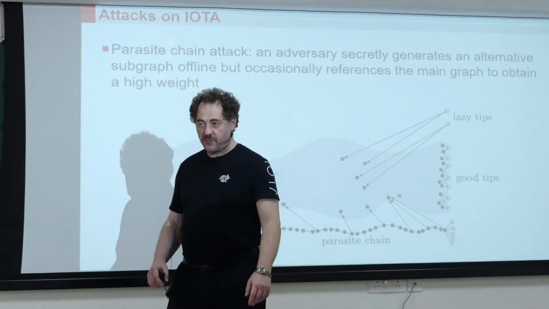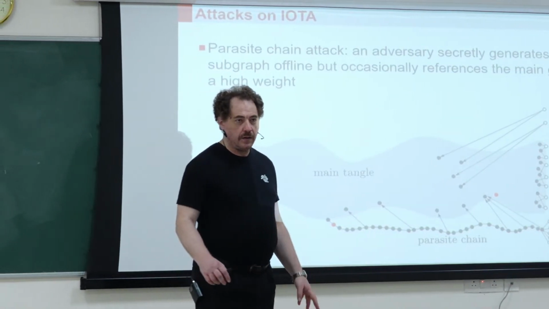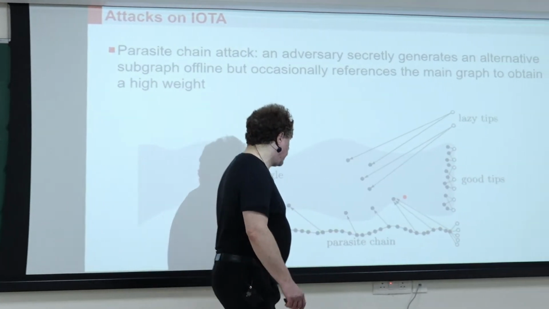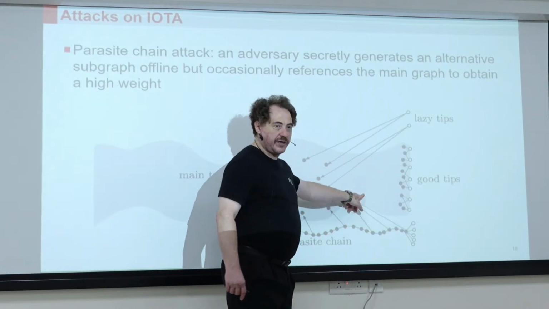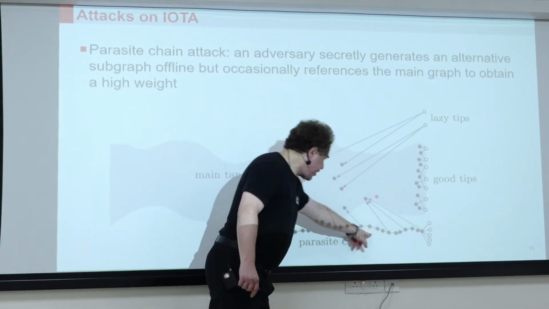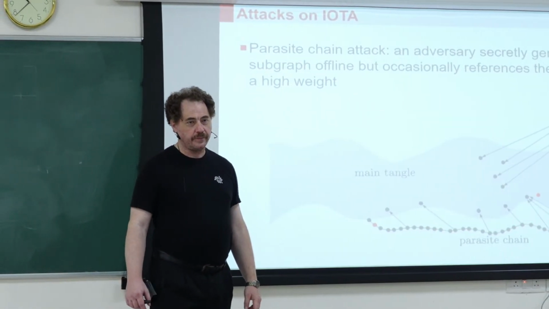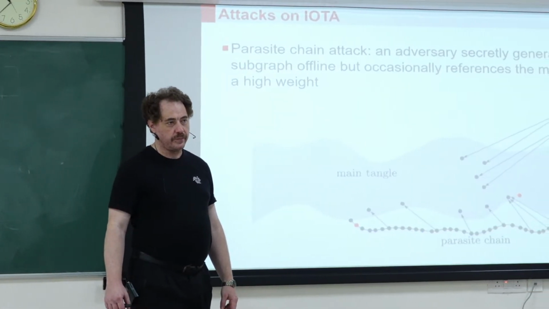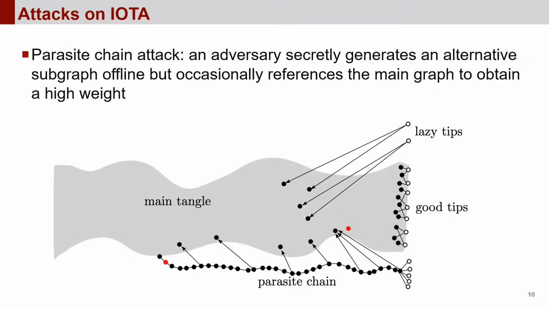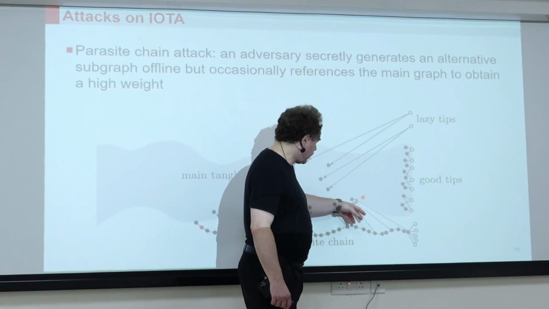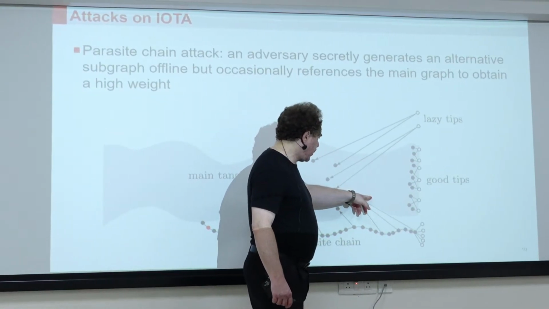So the double spending will be detected, yes, but at this point, this transaction will be left behind, while the parasite chain will become a legitimate part of the main chain. As a result, first the attacker gains something in return for this transaction.